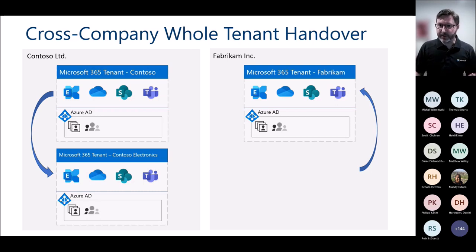Then when it comes time to make the deal with Fabricam, the whole tenant is essentially handed over to Fabricam. Now this is interesting because Fabricam has a decision to make, right? Do I keep Contoso separate? Do I consolidate? In this example today, Fabricam is deciding to consolidate, so they need to migrate Contoso Electronics users and data into the Fabricam environment.